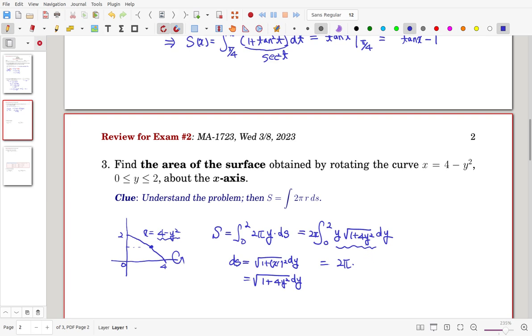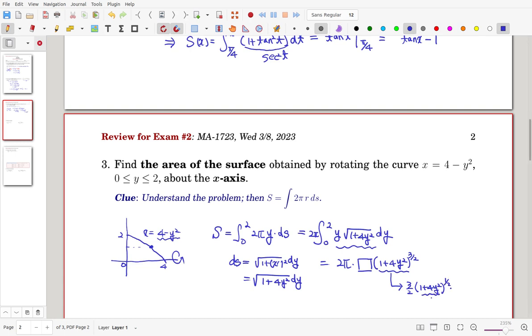Here, you can use u substitution. However, let's try to use the method of undetermined coefficient. The major part will be (1 plus 4y squared) to the power 3 over 2, and it'll have a coefficient here. To find this coefficient, let's take the derivative of that one. That is now 3 over 2 in front, and then (1 plus 4y squared) to the half power times the derivative of this one.